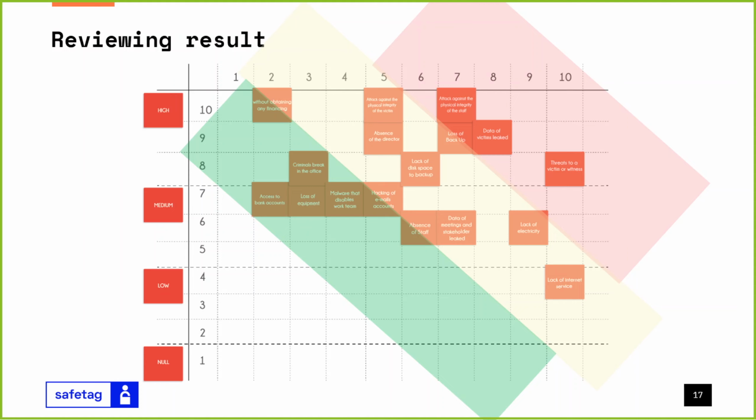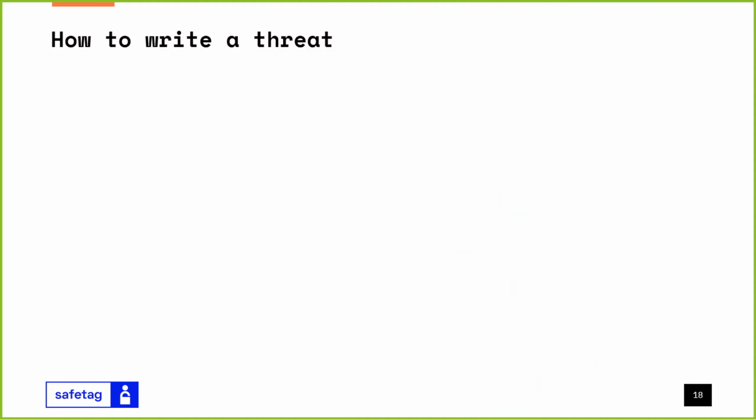So at some point I tried to think more about how to write the threats, and there are four versions of the ways I write threats, or I try to get people to write threats. The simplest one: something bad happens. Thieves break into the office.